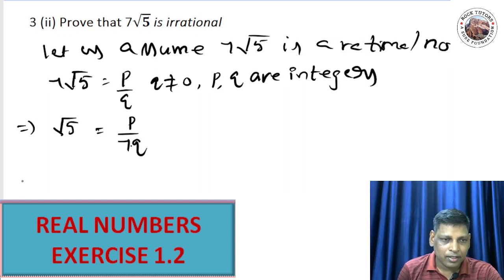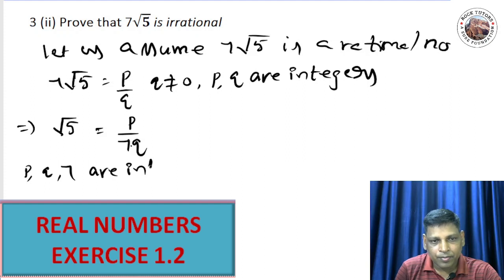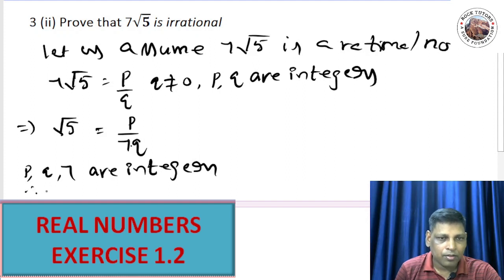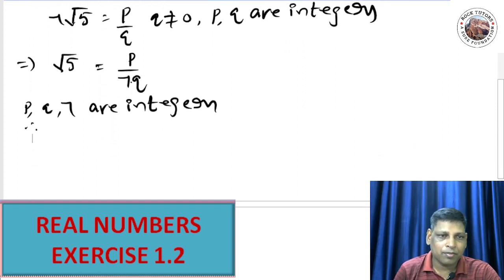Therefore, we can say that p by 7q is a rational number.